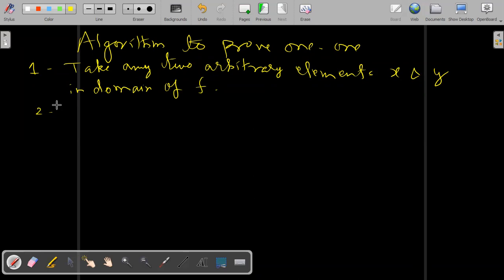Then second step, we put f(x) is equal to f(y). Are you understanding? I'll give one example so you can understand better.